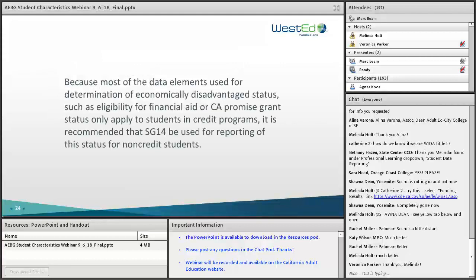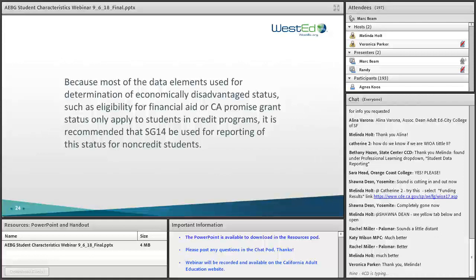I want to mention that because most of the data elements used to determine economically disadvantaged status are also recommended, SG14 should be used for reporting that status for non-credit students. I think this might cause confusion in the field, because it's unclear where we report economically disadvantaged status if it's in more than one place, and whether or not we have referential or syntactical edits to check to see if the student is reported as disadvantaged in both data elements.